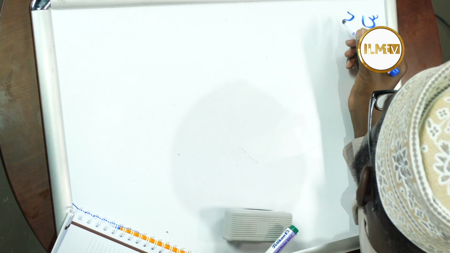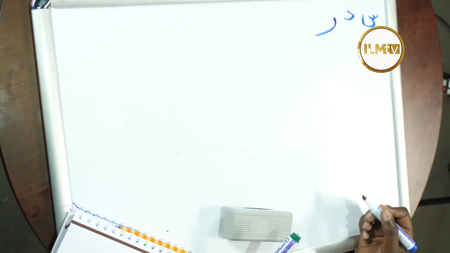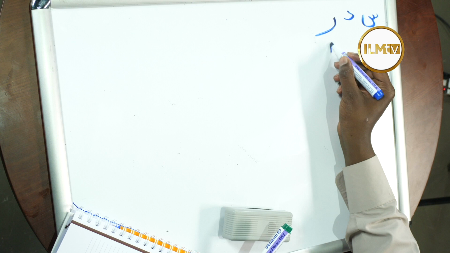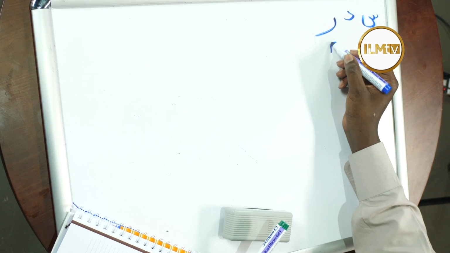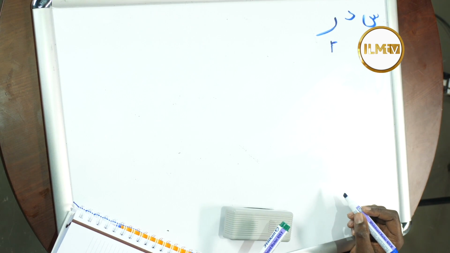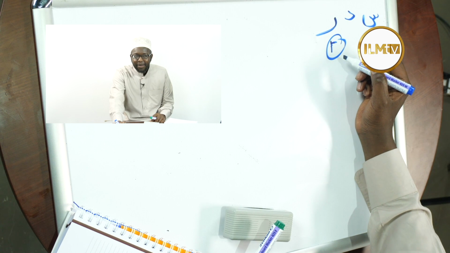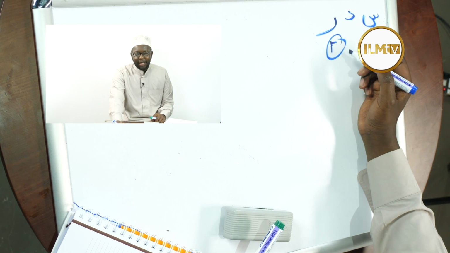Now let us quickly introduce one more. So we have R, that's like the English R. In Arabic we say it with a rolling tongue. In English we say it differently, not like that, like rat or something.